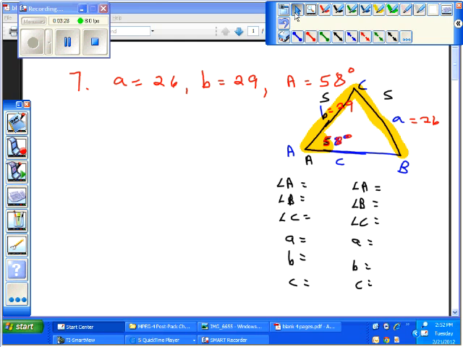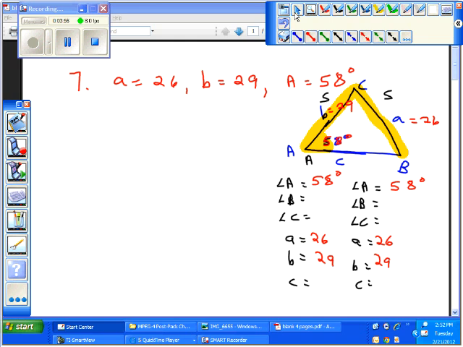Now, just because I've already made out the key, angle A is 58 degrees. That means if perhaps there are two options, then angle A is not going to change from option 1 to 2 because that was given information. Little a is 26 in option 1 or option 2. Little b is 29 in option 1 or option 2.